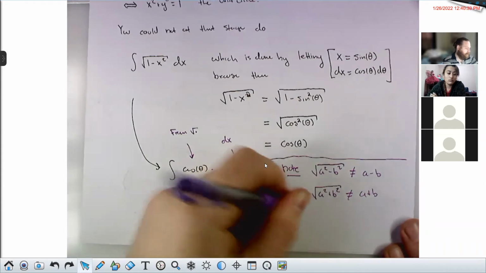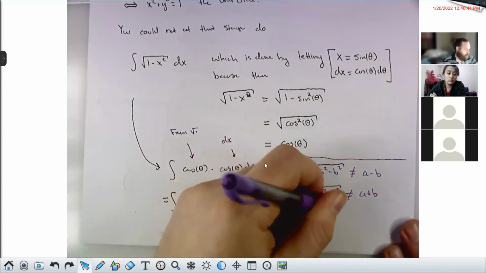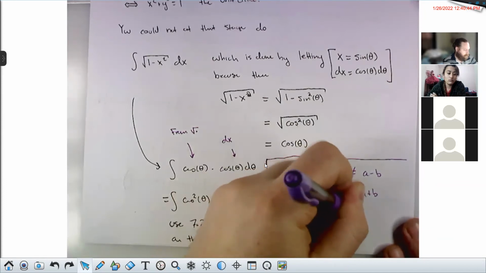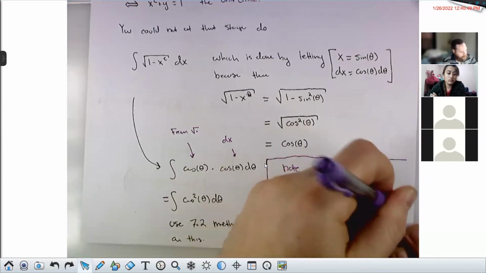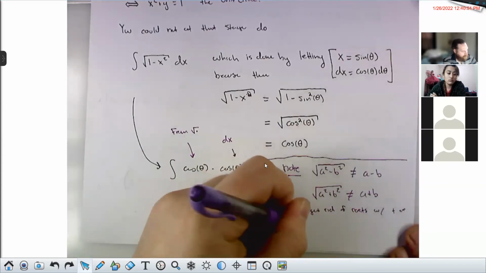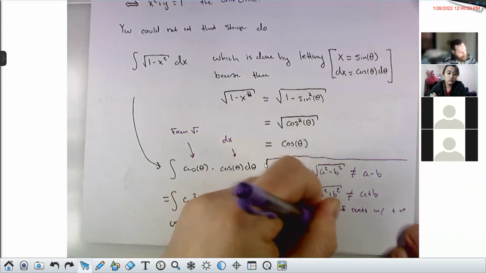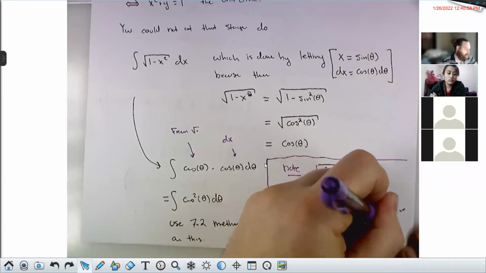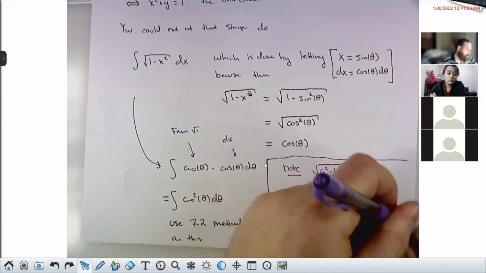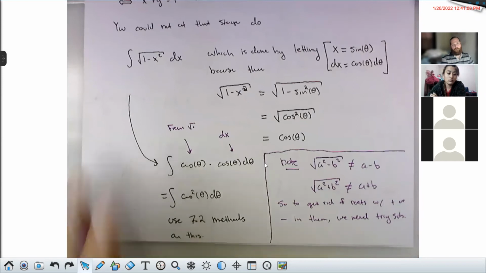So to get rid of roots with addition or subtraction in them, we need trig sub. We need to be able to turn things like 1 minus x squared into a single term. And that's exactly what the Pythagorean identities do.